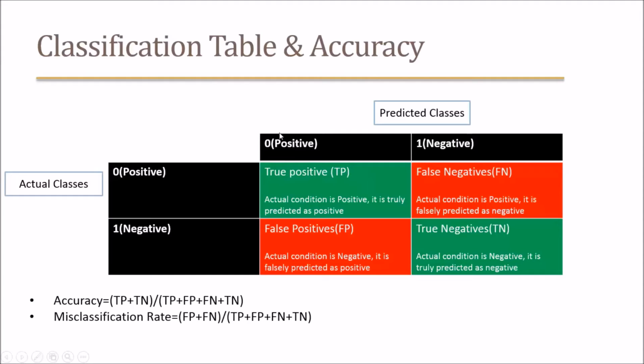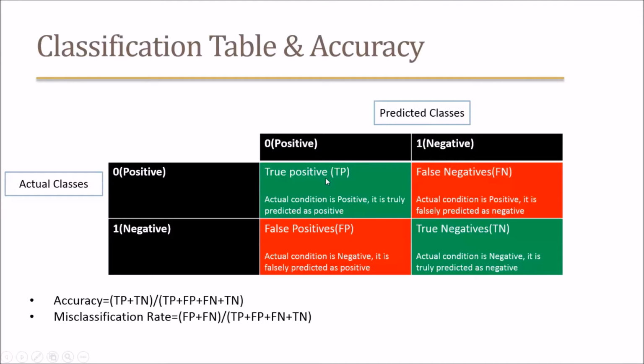So when we have the values input into the model, the final or predicted output will again be positive and negative. When the actual value is positive, we want to predict it as positive. That is, the actual condition is positive, and it is truly predicted as positive.